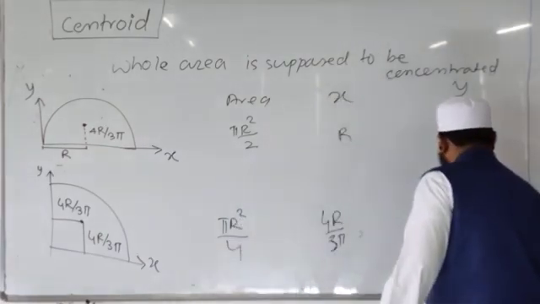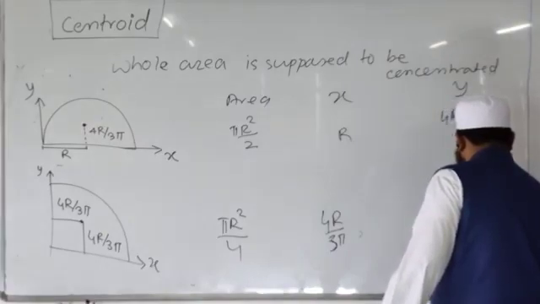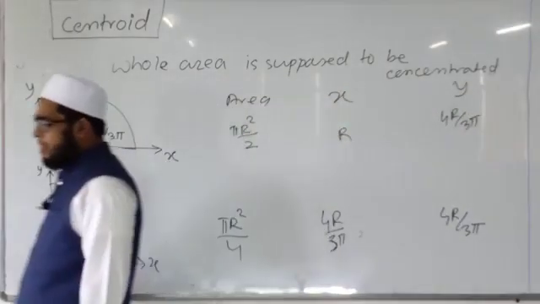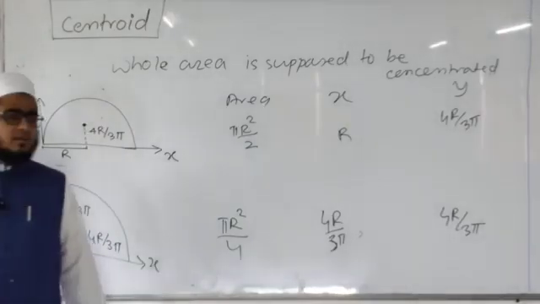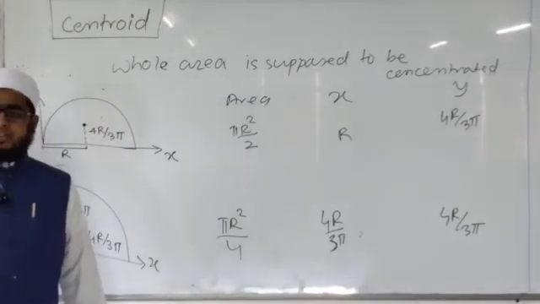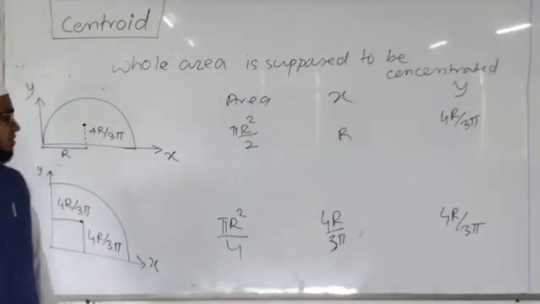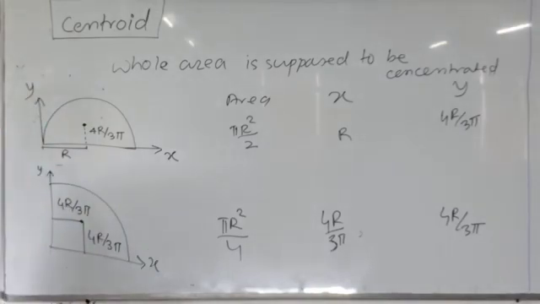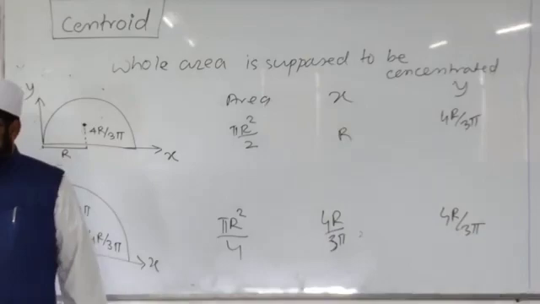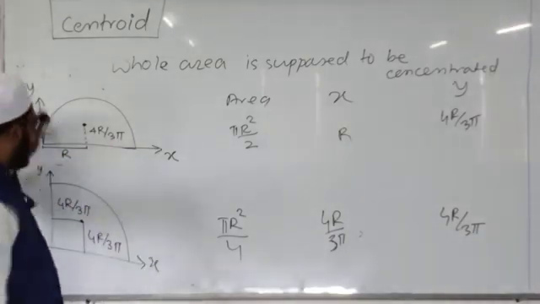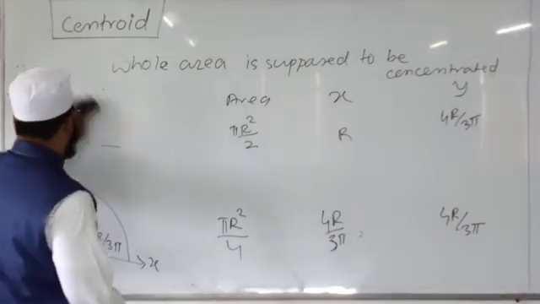For the standard figures and the centroid from the reference axis, we have to use semicircle, quarter circle.